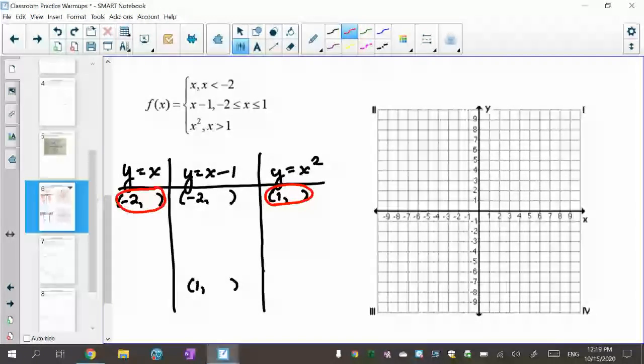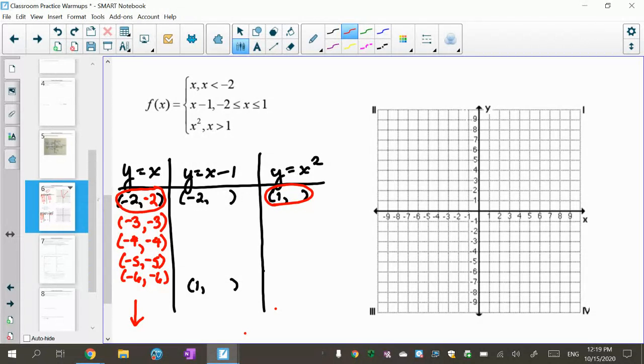Now I'm going to go through and put some points down. All right, so we're going to go negative 3 because I've got to go less, negative 4, negative 5, negative 6, and then this could keep going. So when I put negative 2 in there, I get negative 2, negative 3 in there, I get itself, negative 3, and the same for negative 4, negative 5, negative 6.